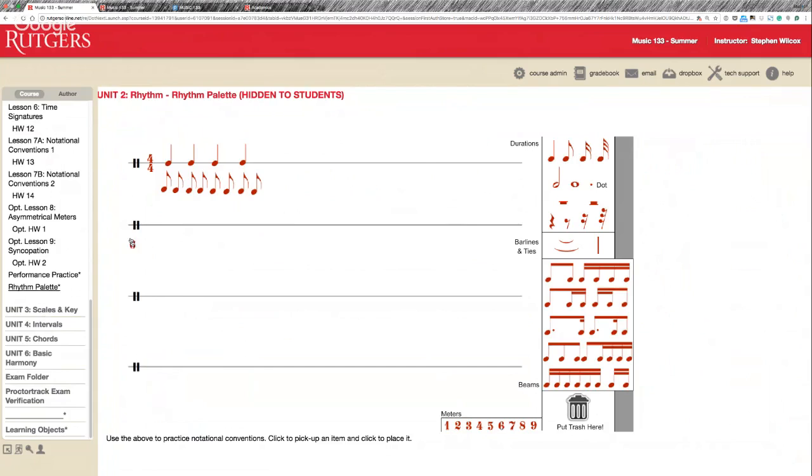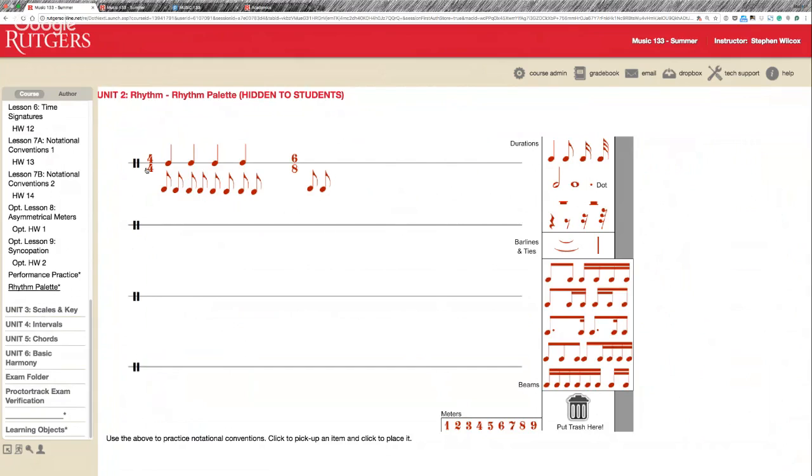So if it has a 6, a 9, or a 12, it's going to be different. Let's look at a common one, 6/8. Now when I see a 6, I divide it by 3 to get 2. That means it's going to be duple. But I know just from 6/8 that there's going to be 6 eighth notes.